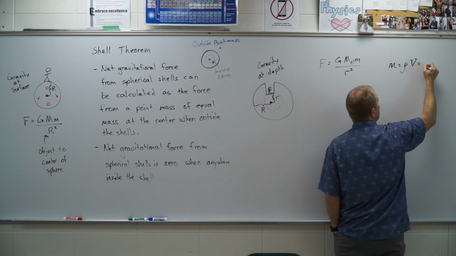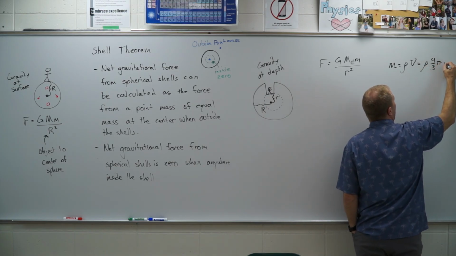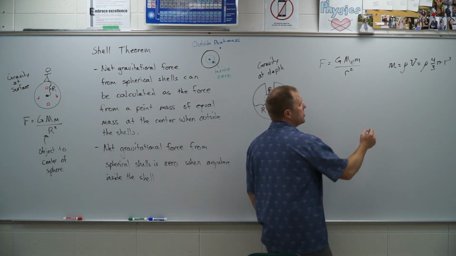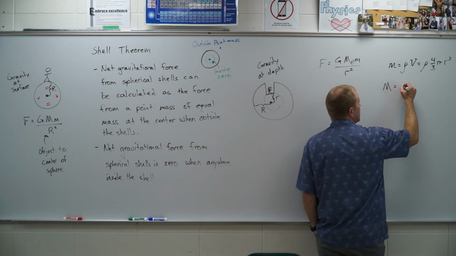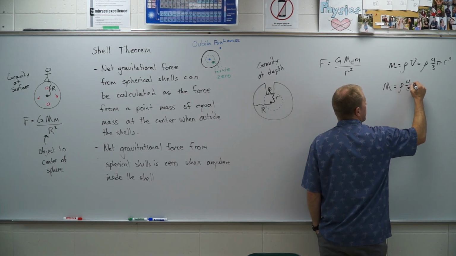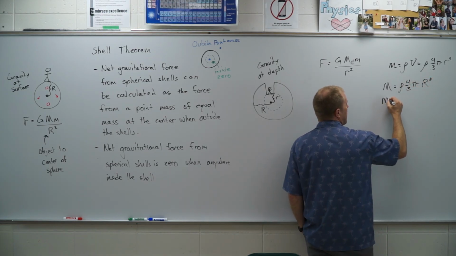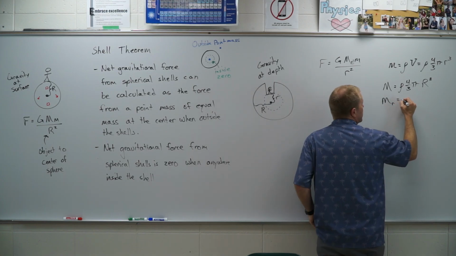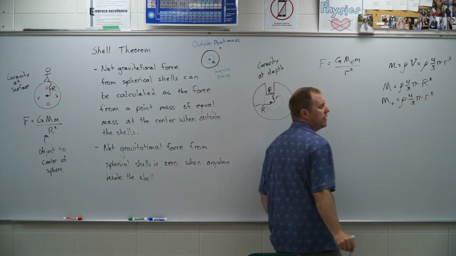And for a sphere, density times 4/3 pi r cubed for our volume. Now, if I want to talk about the original mass of my object, it's going to be density times 4/3 pi capital R cubed. And the mass of my smaller sphere in the middle is going to be density times 4/3 pi little r cubed.